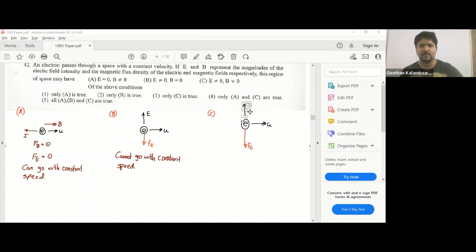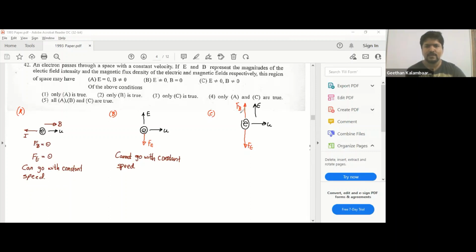So we have to think whether we can cancel this force or not. If we can apply a force FB towards this side, and they are equal and opposite, then it can be. It can be.